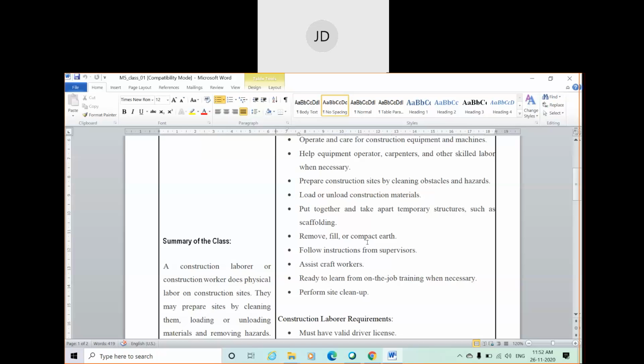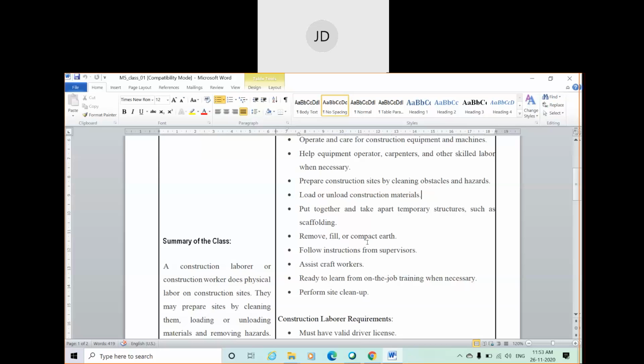There must be some specification. In that case earth filling must be done so that the level of your construction site comes to a desirable level. It is done by the construction labor under the assistance of a supervisor or site engineer.